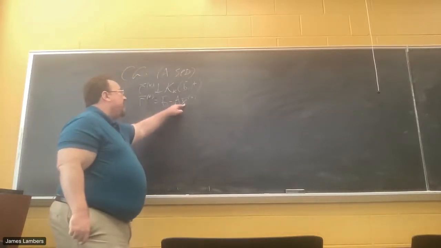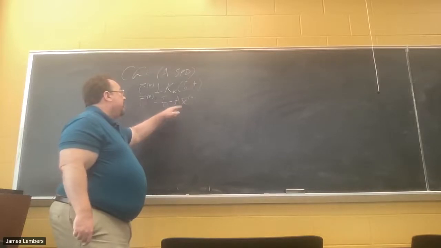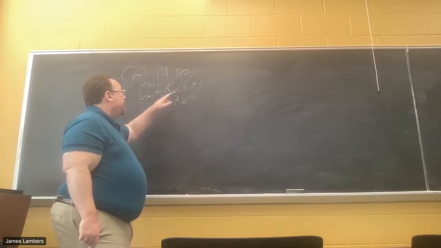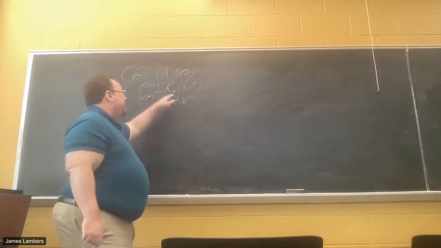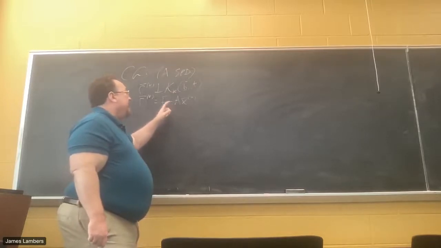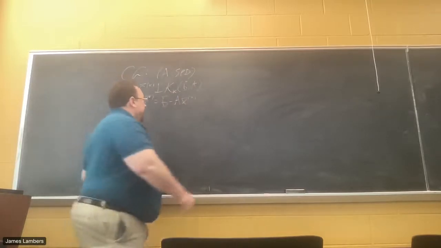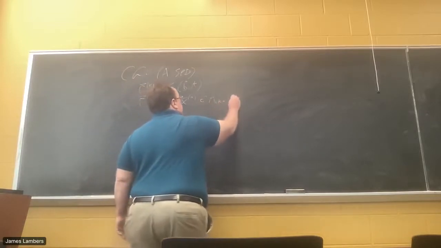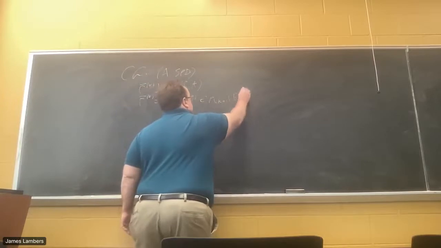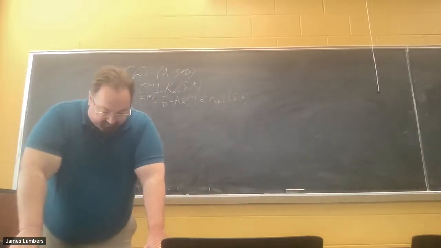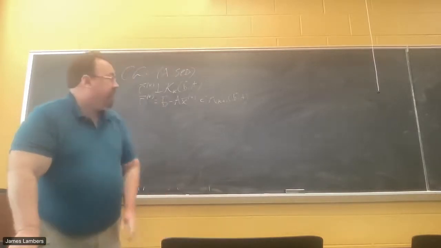So if xk belongs to this Krylov subspace of dimension k, if we multiply by A, that is in the next Krylov subspace of dimension k plus 1. Okay. All right.